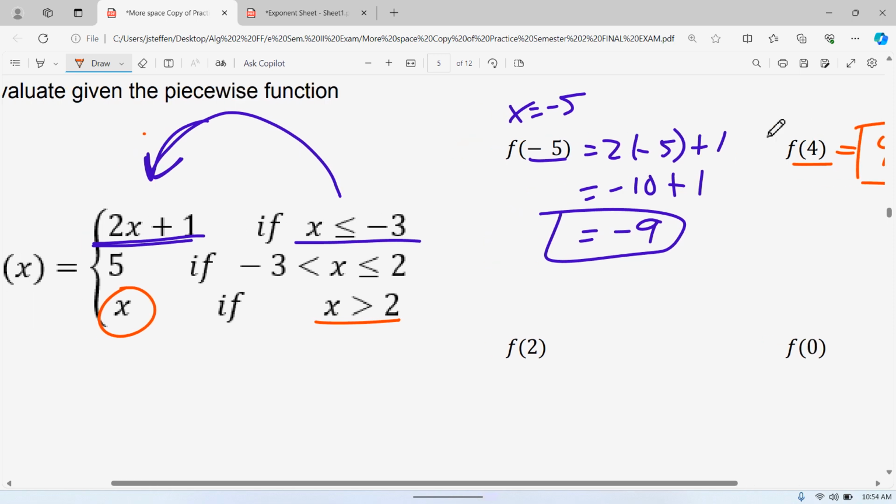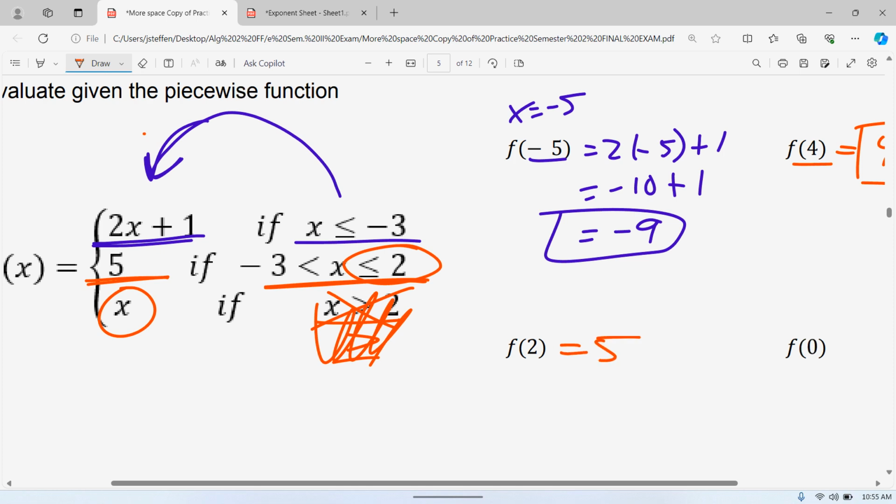f of 2 is an interesting one because if you look, we have 2 listed in 2 places. You just have to make sure you're careful. 2 does not fall into this category because 2 is not bigger than 2. Bigger than or equal to would work, but it's not. So this one is less than or equal, but this one has no x to plug it in. So if you plug 2 in, you get out 5.